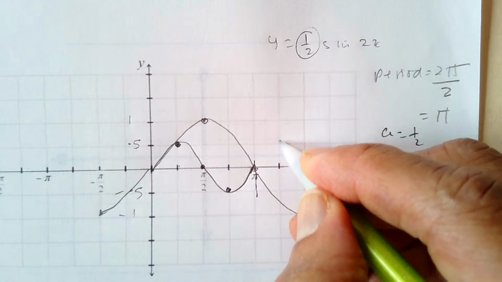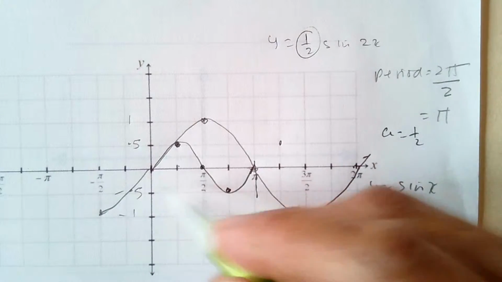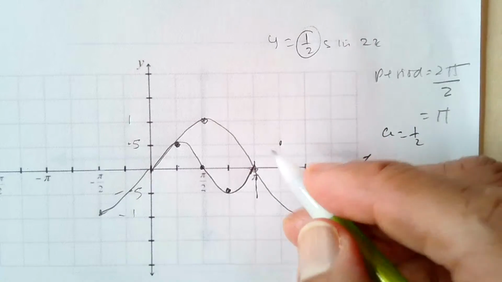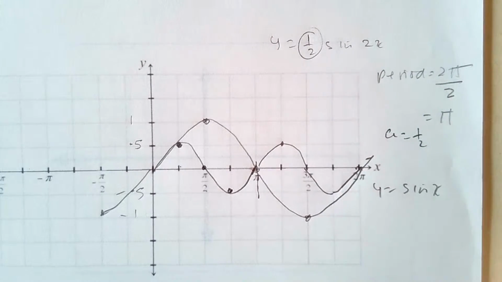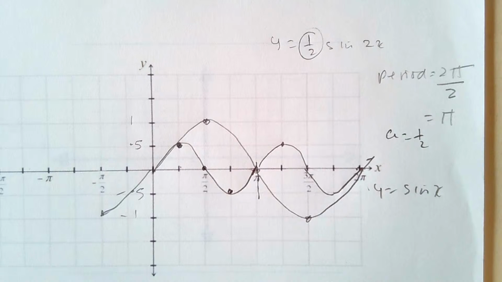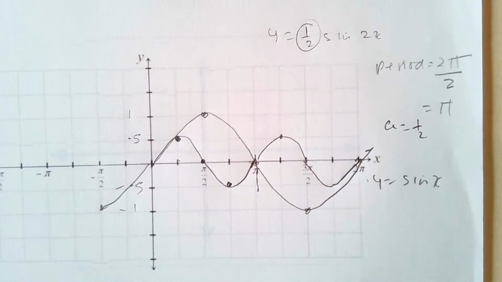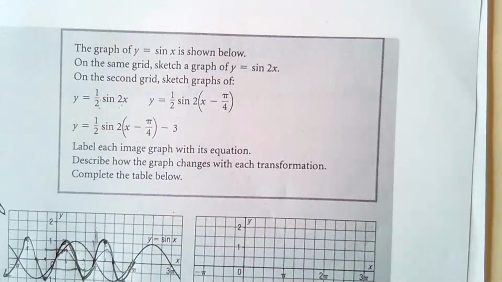And this will continue, but so we have two things. We have a horizontal compression and a vertical compression. So within 2 pi, we have 2 cycles. Okay, so that's the first one.